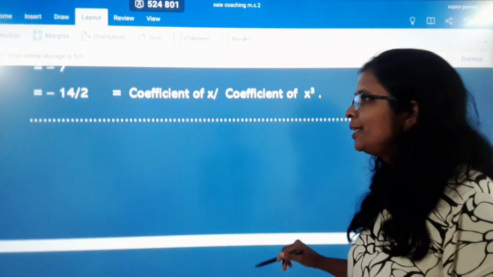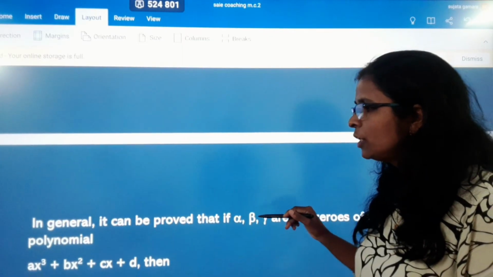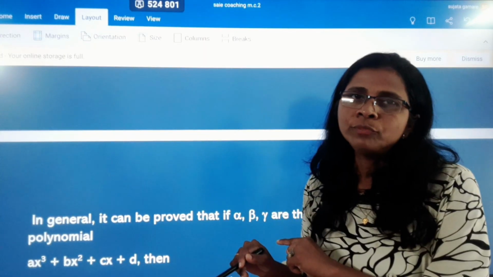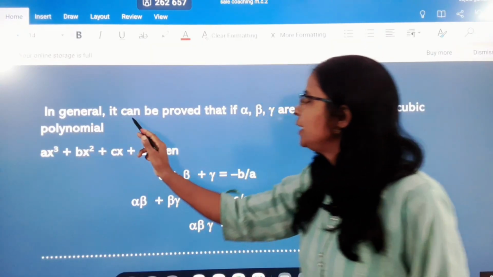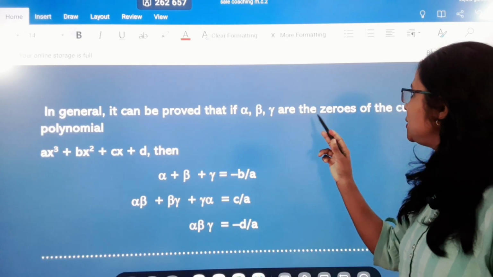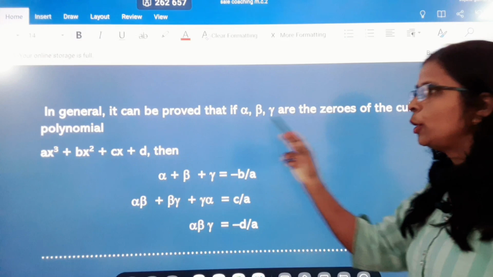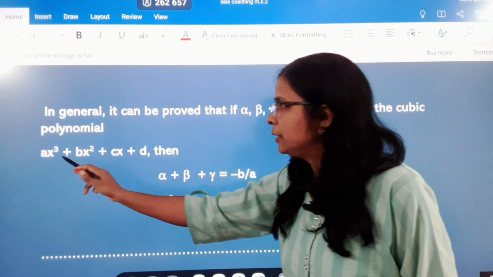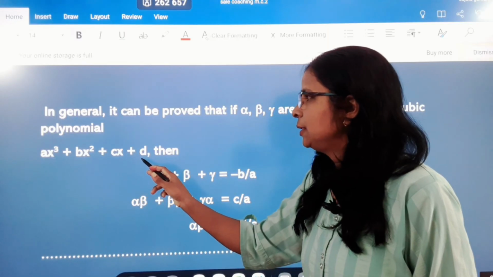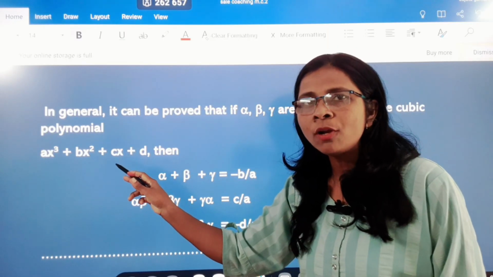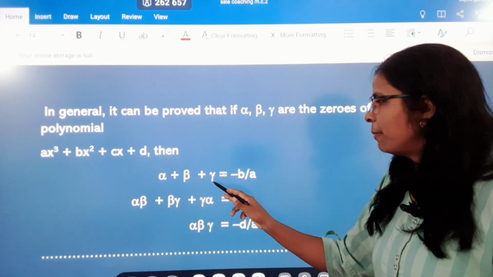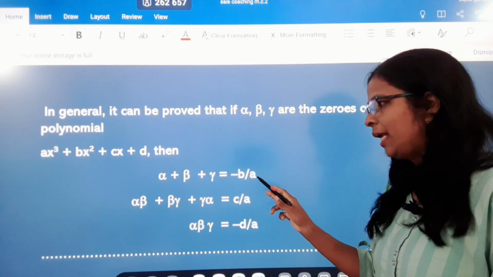Okay, so this is the relationship between the coefficients of the polynomial and the zeros of the polynomial. In general, it can be proved that if alpha, beta, gamma are the zeros of the cubic polynomial ax cube plus bx square plus cx plus d, then alpha plus beta plus gamma is equal to minus b upon a.